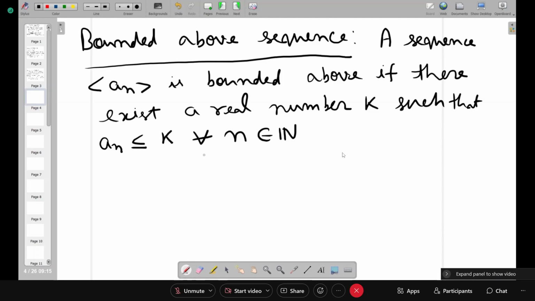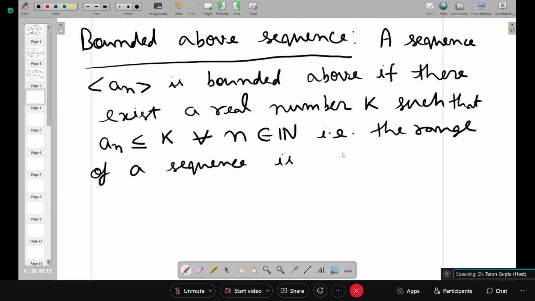What is the meaning of this? The meaning is the range of a sequence is bounded above. Range means the number of distinct terms of the sequence.